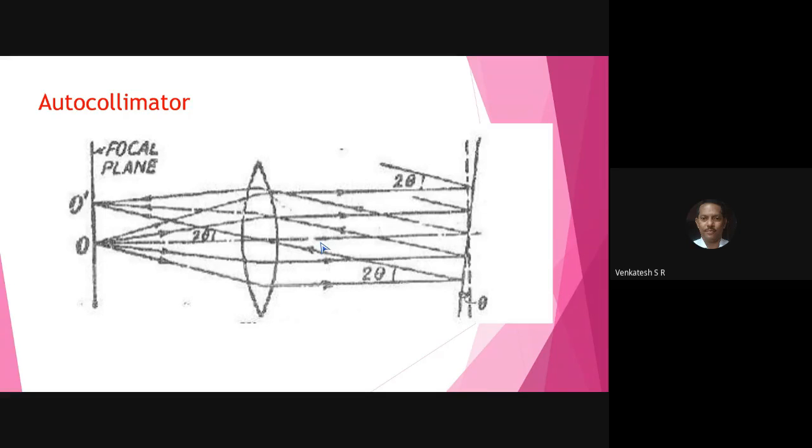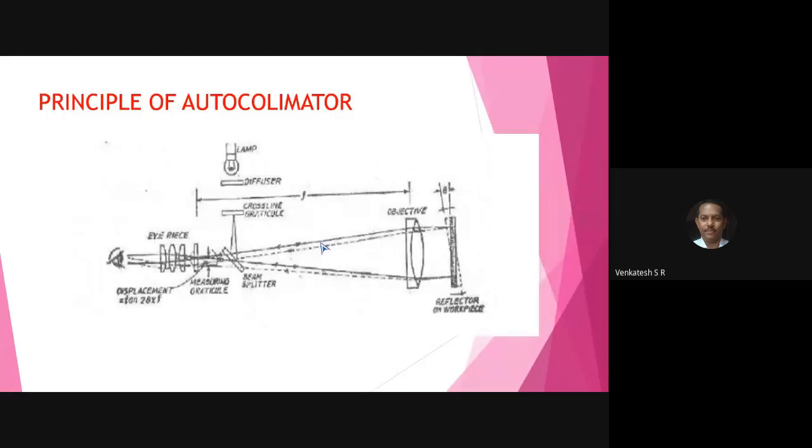This is particularly used for measurement of straightness of the component. Remember, the autocollimator is used for the measurement of straightness of the component. This is the principle of operation of the autocollimator.